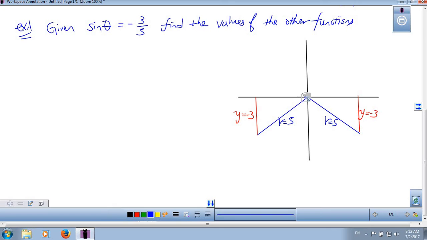As you can see, the angle could be coming through this angle, or it could be coming through this angle.